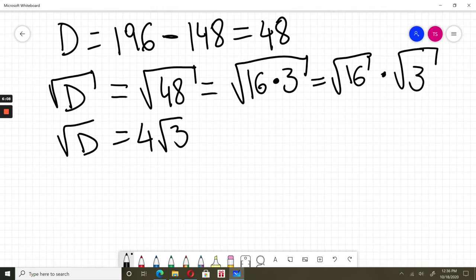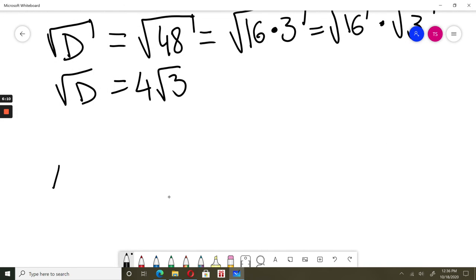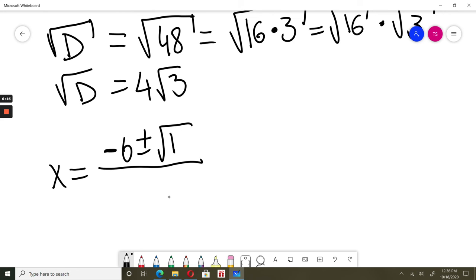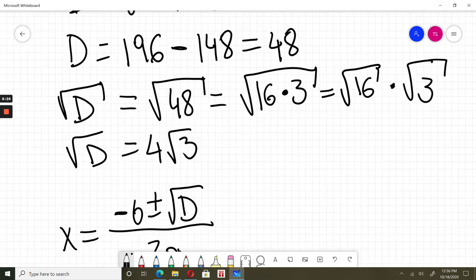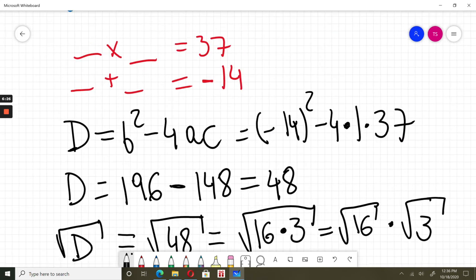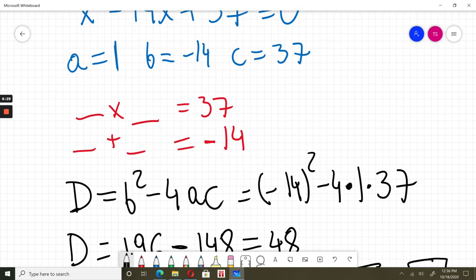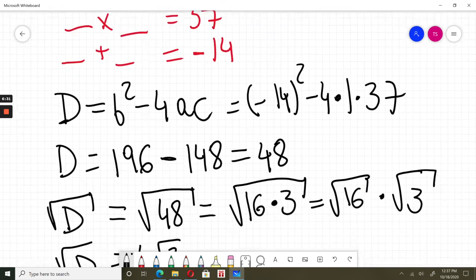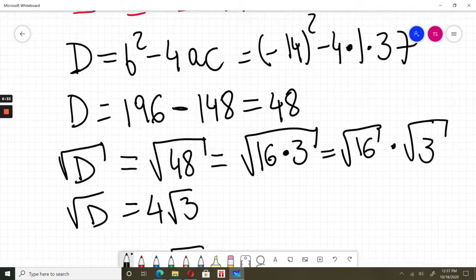Now to calculate the solution, the formula will be minus b plus or minus the square root of the discriminant, divided by 2a. Okay, so what was b? b was negative 14, c is 37, and a is just 1.